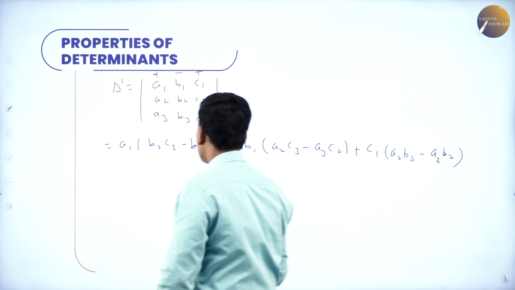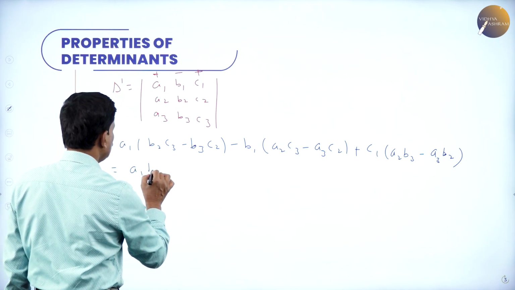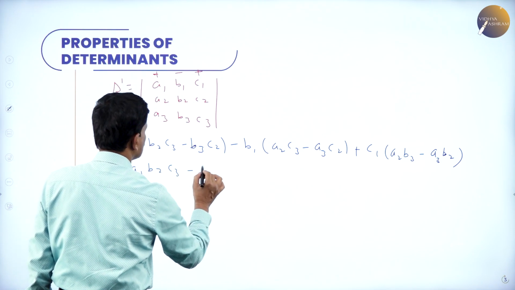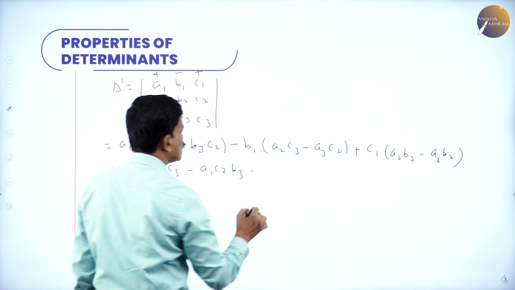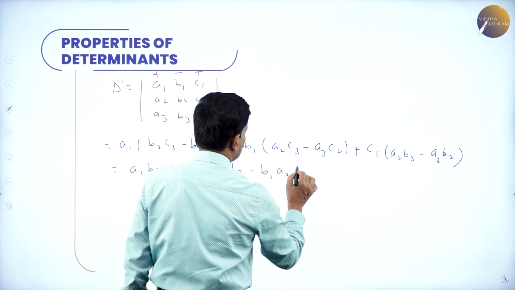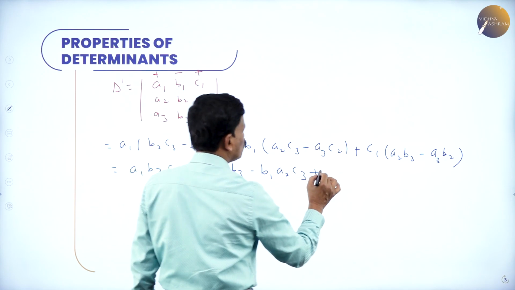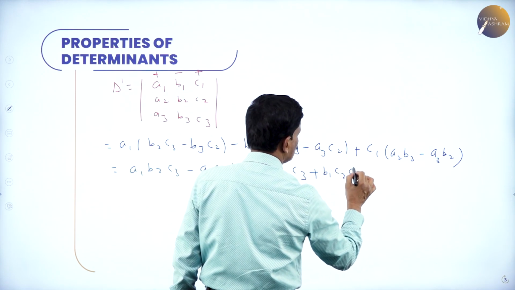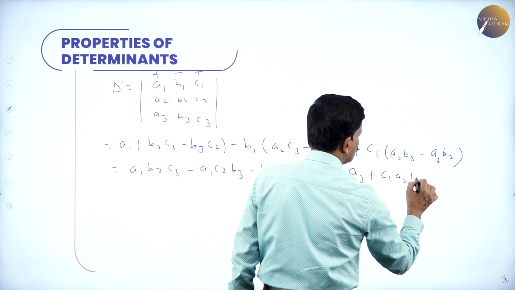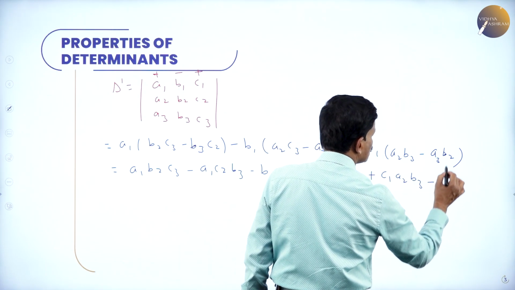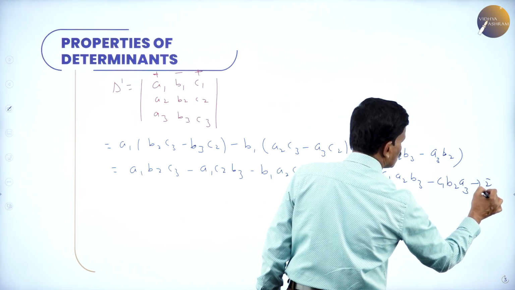Simplify this: A1 B2 C3 minus A1 C2 B3, minus B1 A2 C3, plus B1 A3 C2, which is B1 C2 A3, plus C1 A2 B3, minus C1 B2 A3. This is equation number 2.